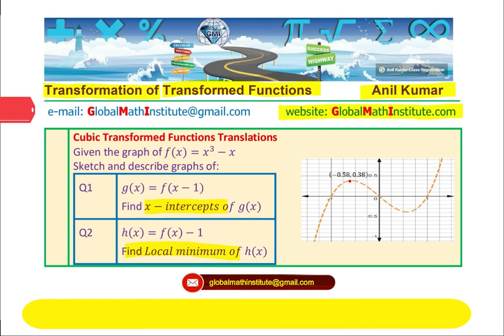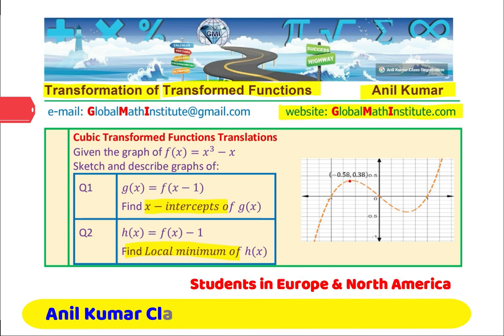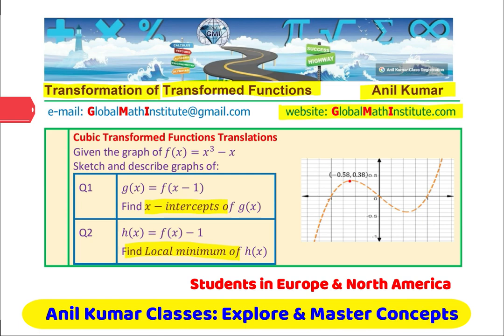So in this particular video, I am going to take 8 examples, which will cover most of the kinds of transformations you come across. In question number 1, we have horizontal translation. Then in question number 2, we have vertical translation.